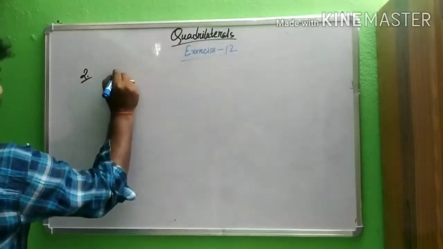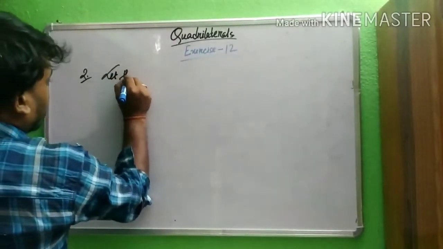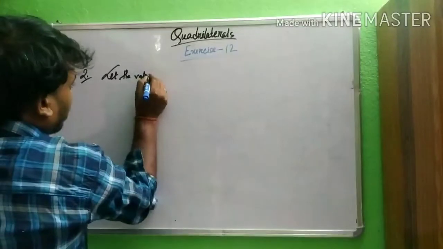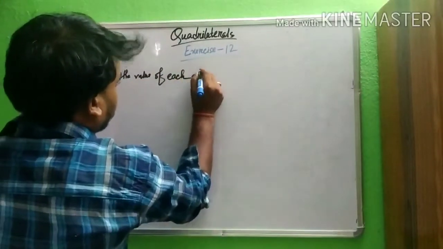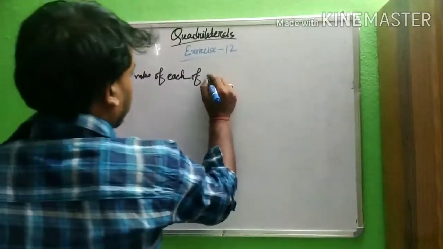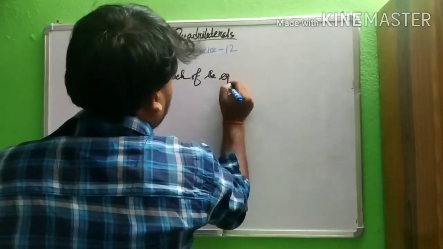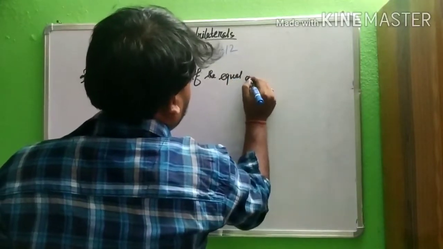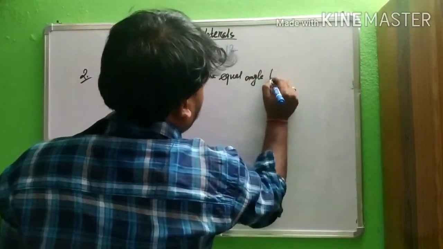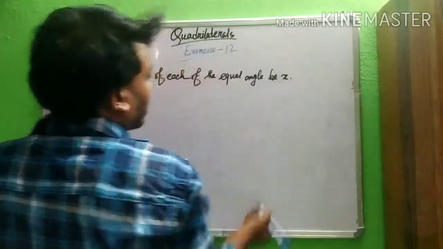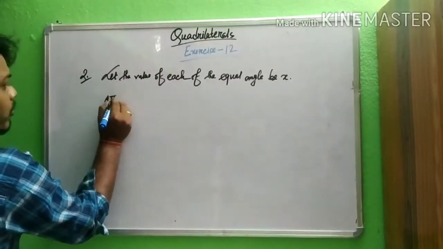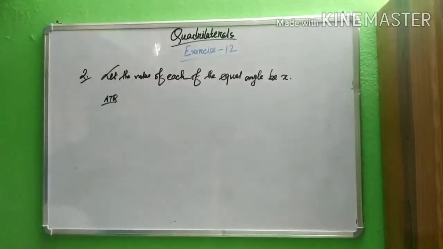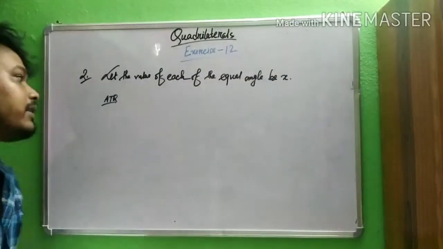So first, let the value of each of the equal angles be x. Therefore, according to the question, two angles are given and the other two are x. By the angle sum property, the sum of all angles is 360.